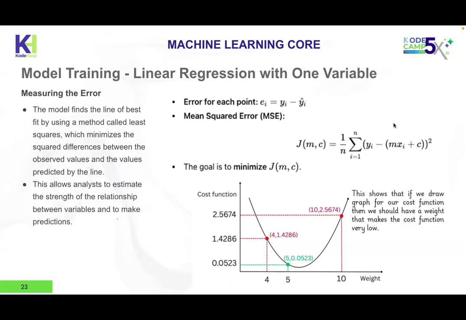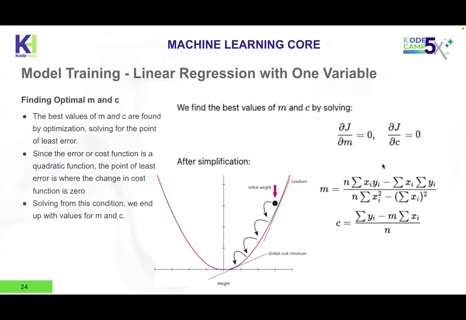So you can then flip it and make C the subject of the equation, and you get this back, that C equals summation of yi minus m summation of xi, over n. So this gives you a single equation for you to do a one-shot calculation of the C, which is the second parameter. That is linear regression using analytical methods, like the mathematical equations that we were used to.